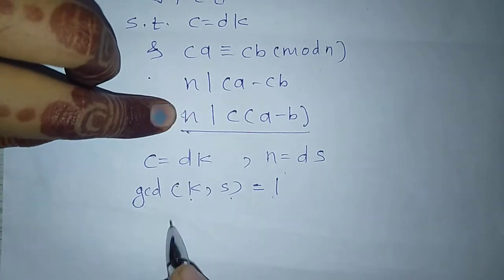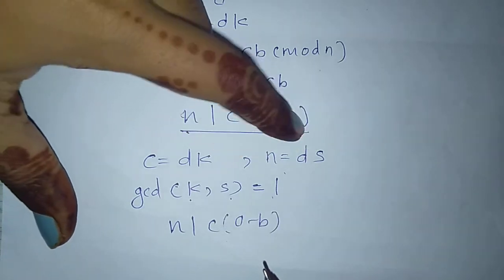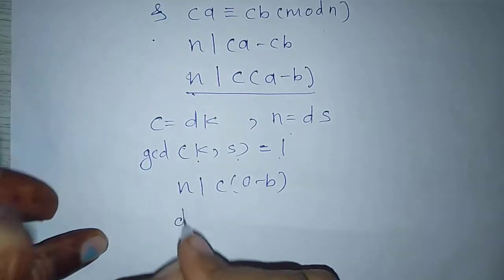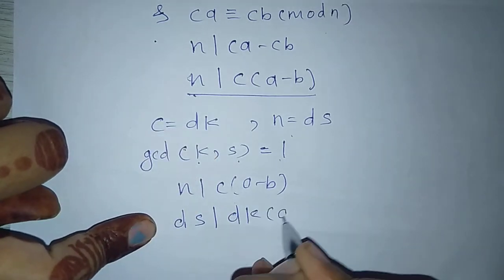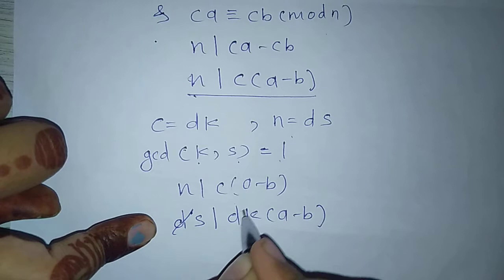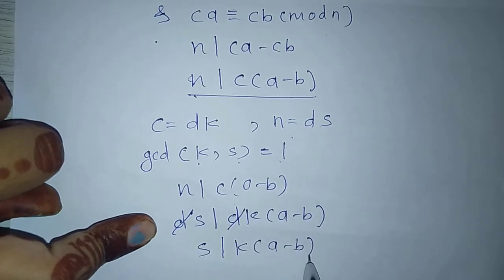n divides c(A minus B), but n equals ds. Put n equals ds and c equals dk into c(A minus B). The d gets cancelled, and we get s divides k(A minus B).